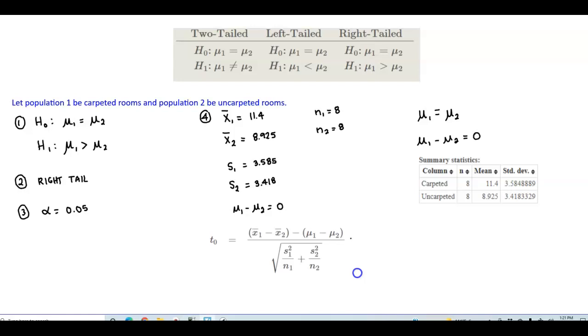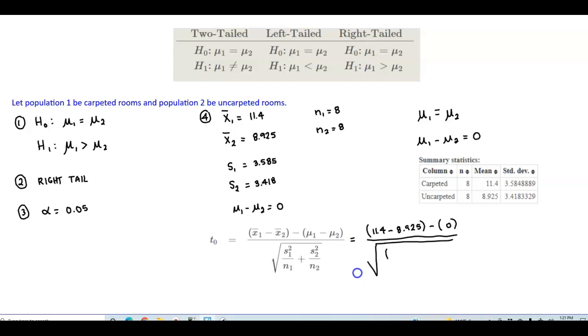So let's go ahead and find the test statistic. So we know that mean 1 is 11.4, and we're going to subtract mean 2, which is 8.925. And then minus mu1 minus mu2, we know is going to be 0. Okay, and then in the denominator, we have the following.